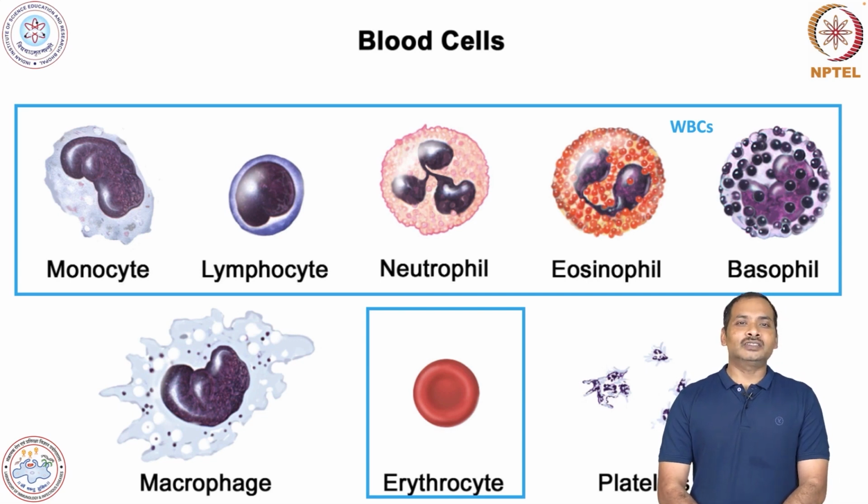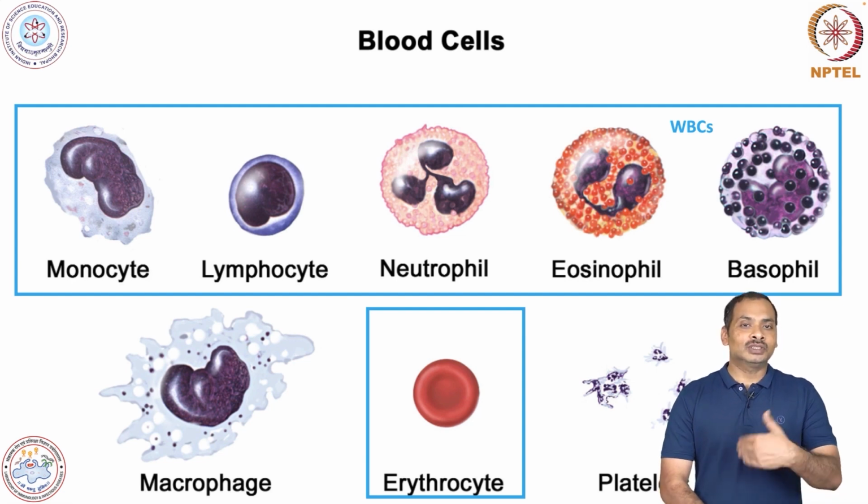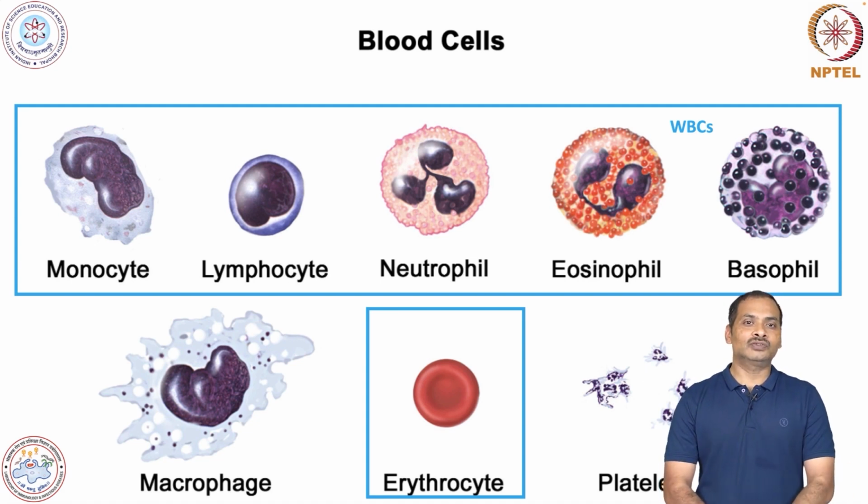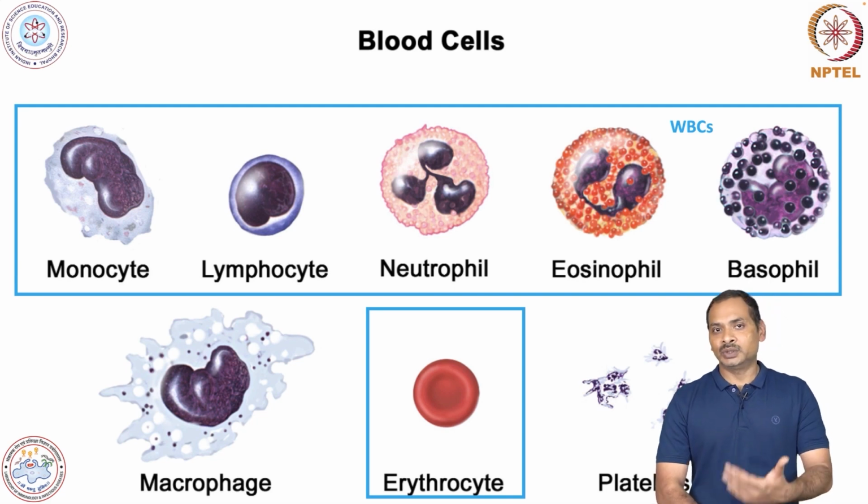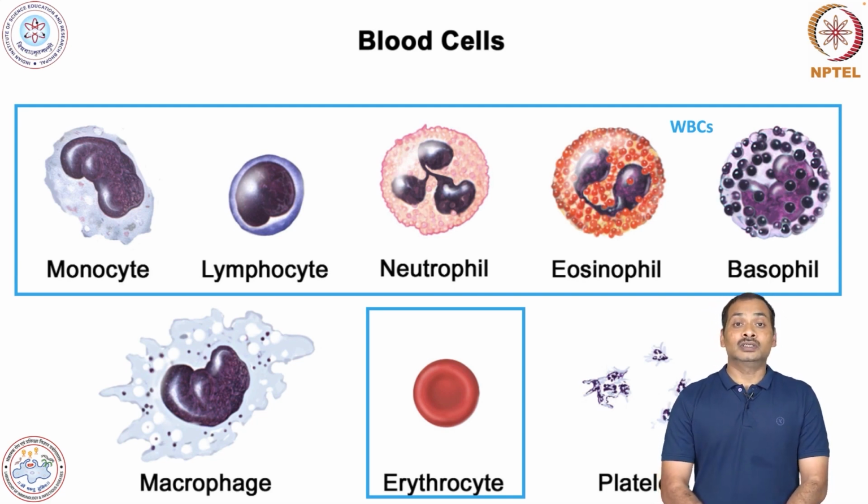So RBC has a few unique properties or characteristics which you should know. One is that the mature RBC doesn't have a nucleus. Okay. So since they don't have a nucleus, it is very easy to transfer from one individual to another individual. Of course, you need to take care of one of the surface antigens, which constitute the blood group.